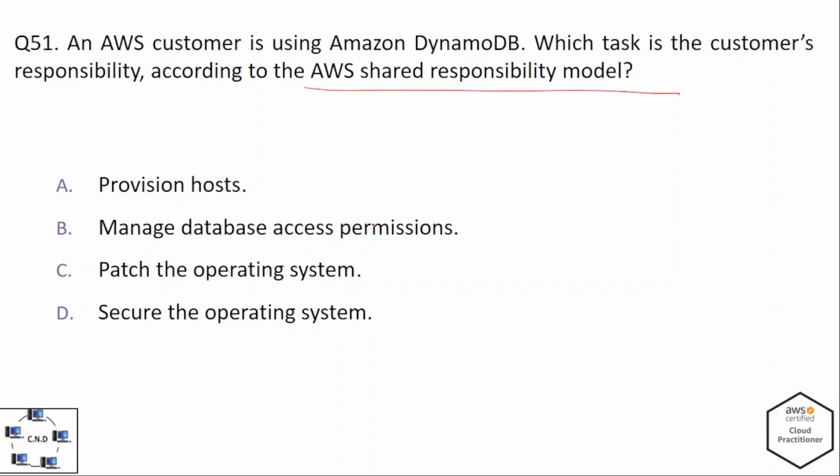And the correct option is, so the customer's responsibility when using Amazon DynamoDB is, I am sure about option B, that is managing the database access permissions, while all others are taken care of by AWS. So let me again display the AWS shared responsibility model.